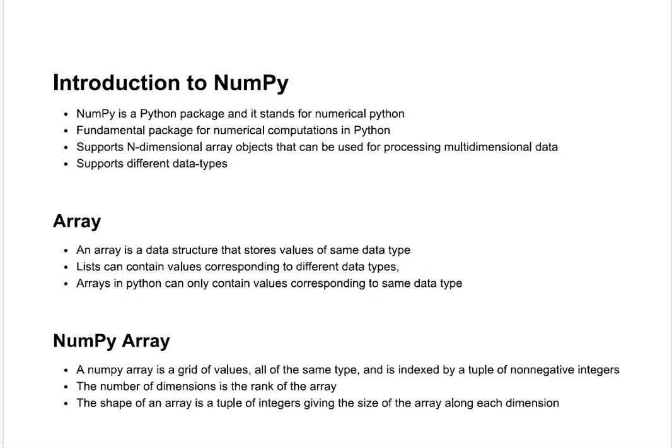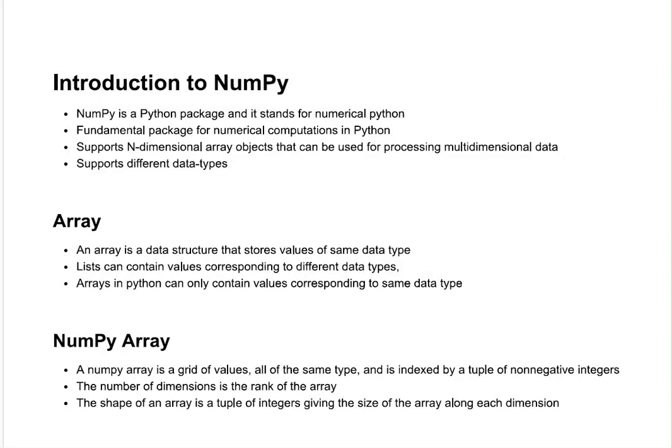As we know, NumPy provides a high performance multi-dimensional array object, and elements in NumPy arrays are accessed using square brackets like other arrays, and it can be initialized by using a nested Python list.